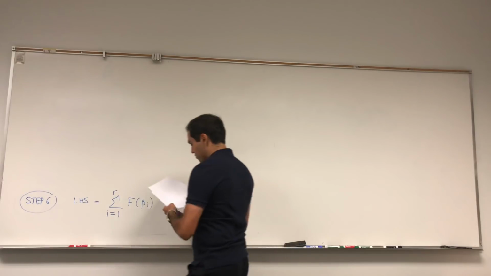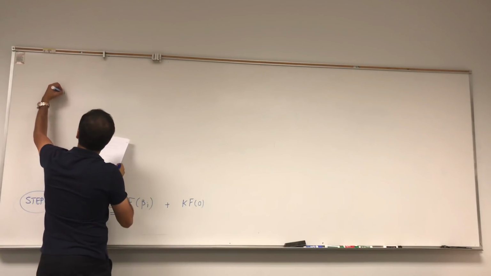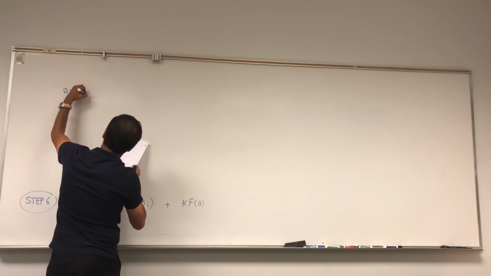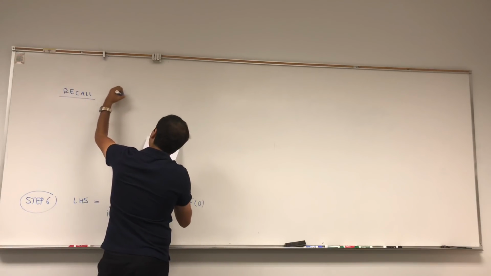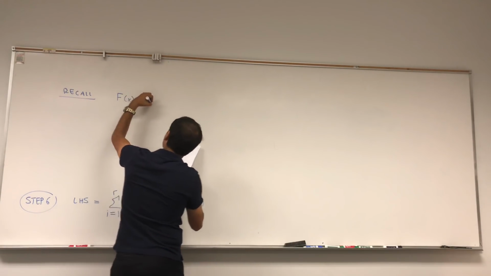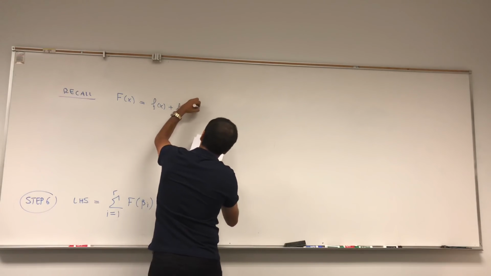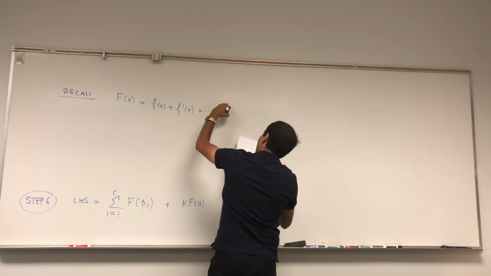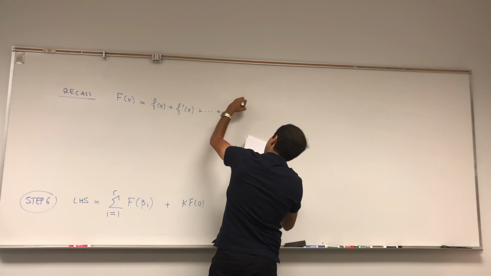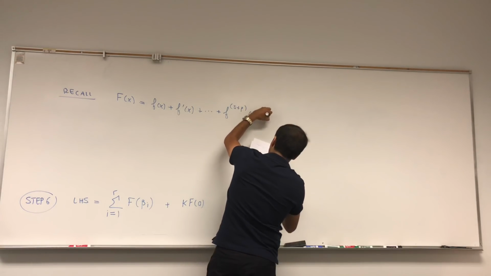So maybe recall capital F of x, that's just f of x plus f prime of x plus dot dot dot plus f of, again, up to s plus p of x.